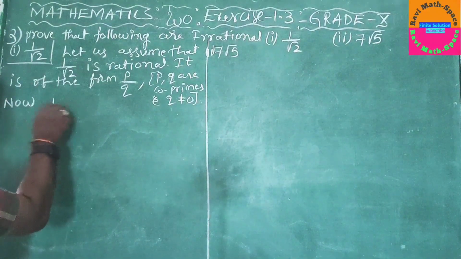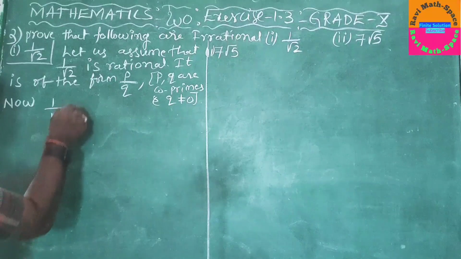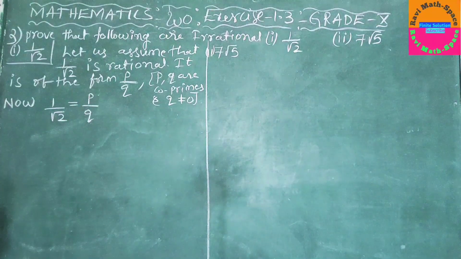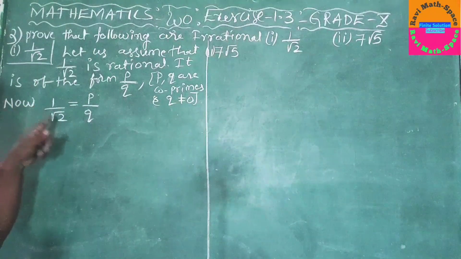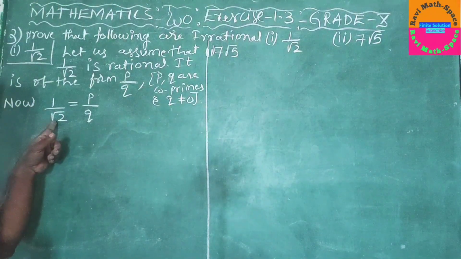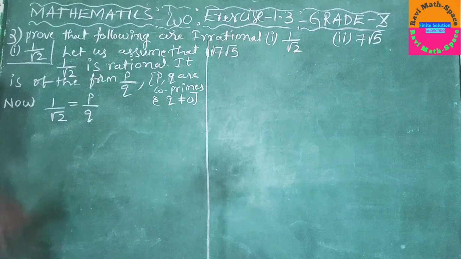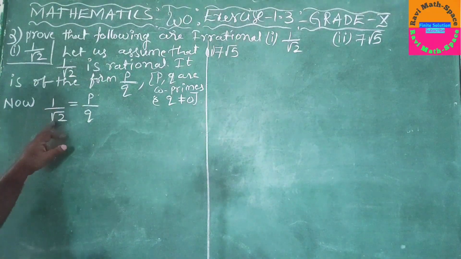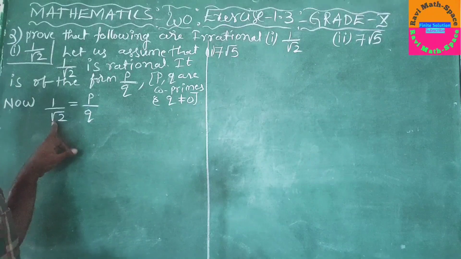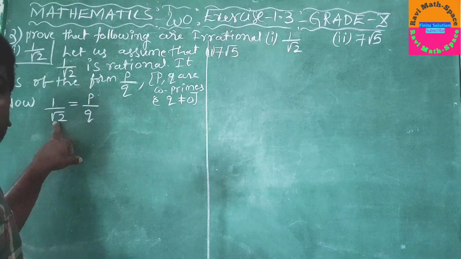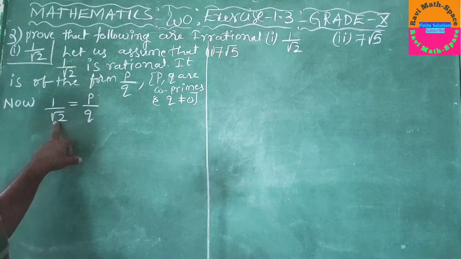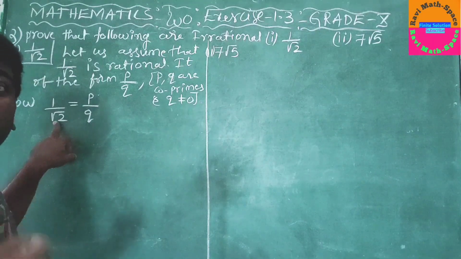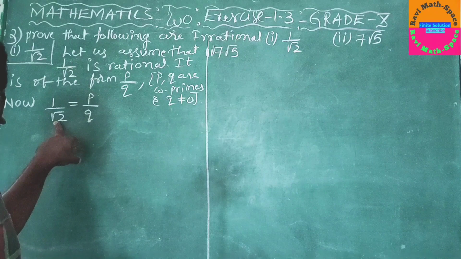Now this number, 1 by root 2, equals p by q. Already it is in rational form, so it is in the form p by q. Already we know that the denominator should not be an irrational number. So what should we do? We have to rationalize, by taking the denominator's conjugate.